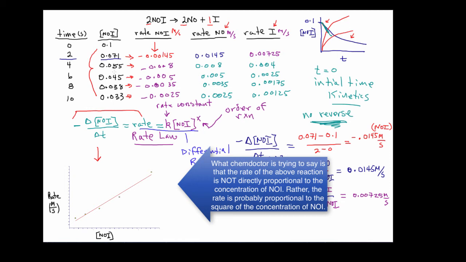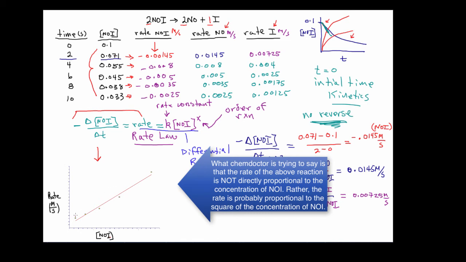On the x-axis we have the concentration of NOI, and on the vertical axis I have the rates. What you're going to notice is that through the middle of this graph, I've drawn what the linear correlation would look like if this data had a linear relationship between how the concentration was changing with its rate.